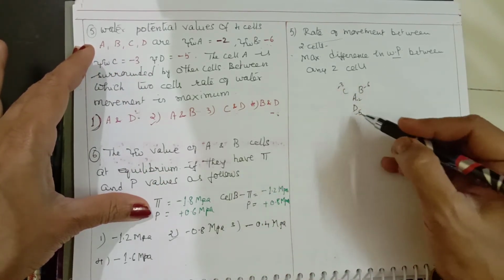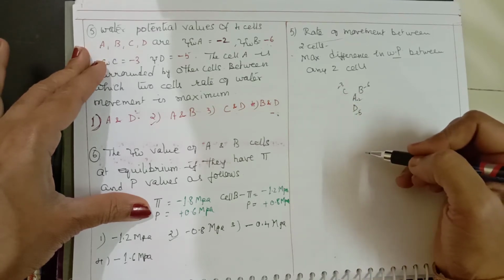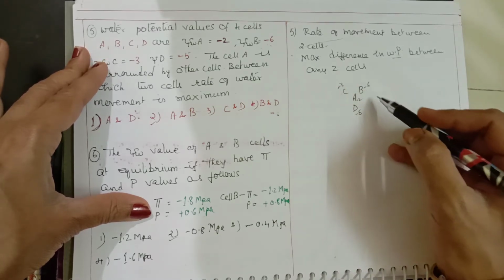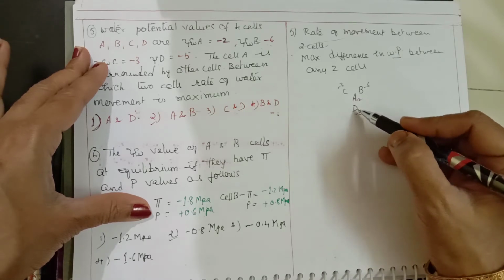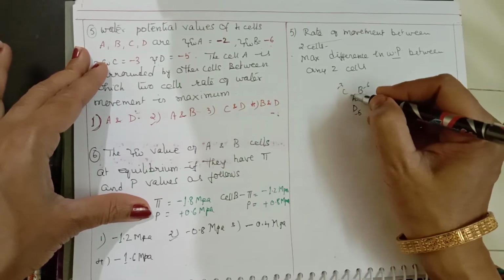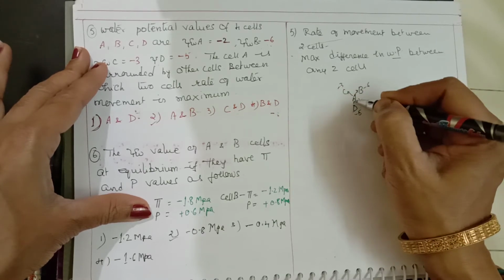How can we represent this by arrows? A has the maximum water potential, so A will give water to all the other cells.